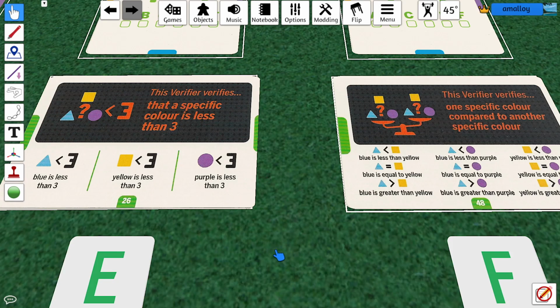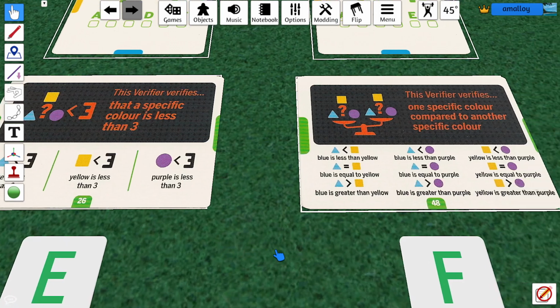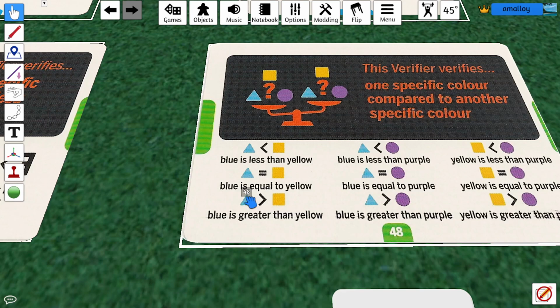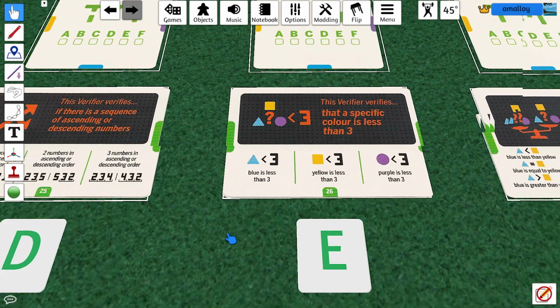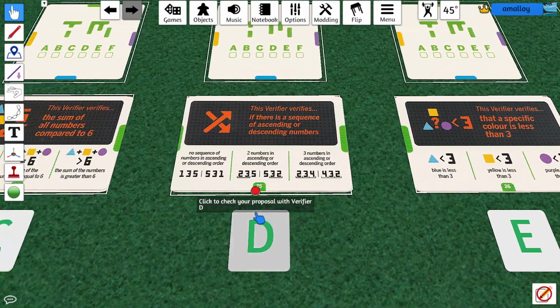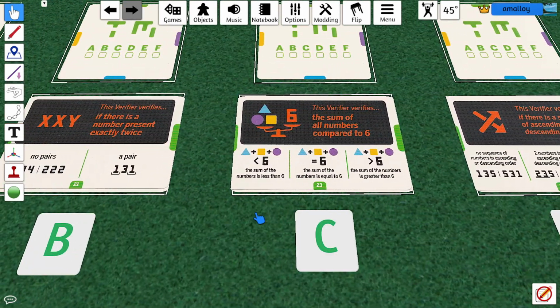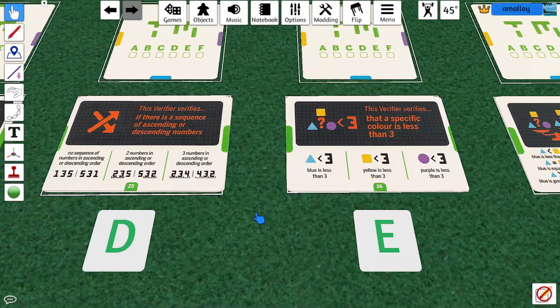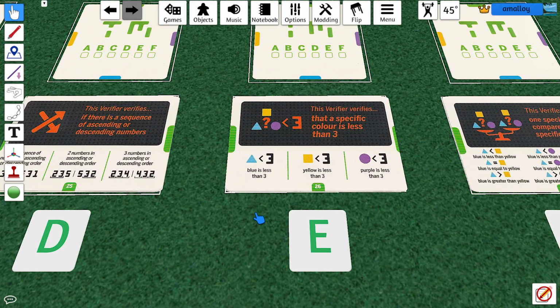Like if the criteria were like blue is greater than purple, but it also happened to be true that blue is equal to yellow, I don't think that would necessarily be a problem.